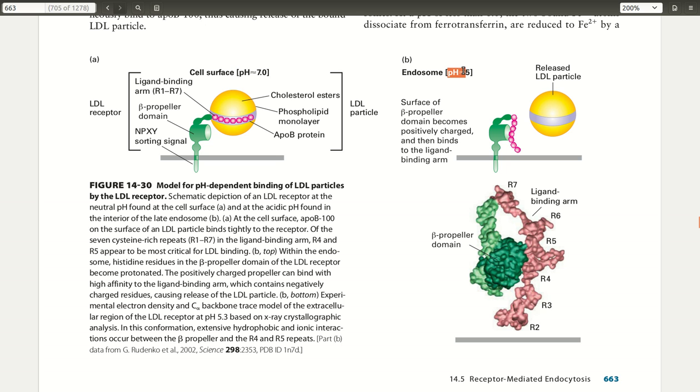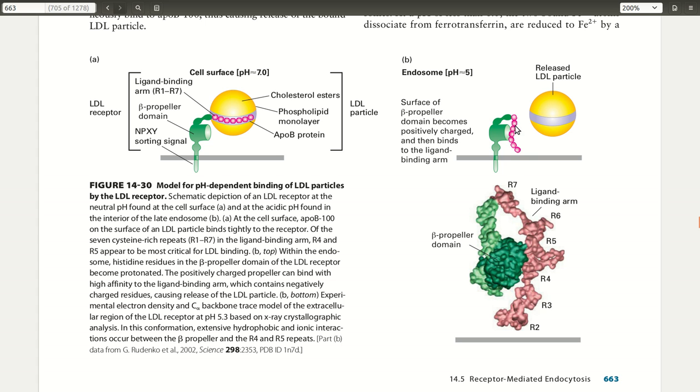However, when the bound receptor and ligand get to the endosome, where the pH is lower, at pH 5, the LDL will dissociate.